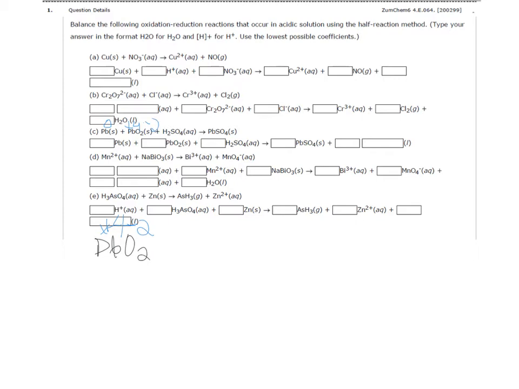Within sulfuric acid, H2SO4, we have the sulfate ion, which is SO4 2-, and 2 hydrogen ions, which are +1 in charge.